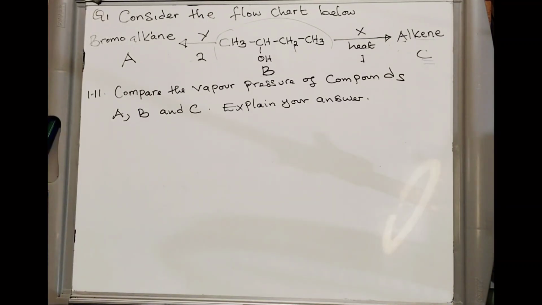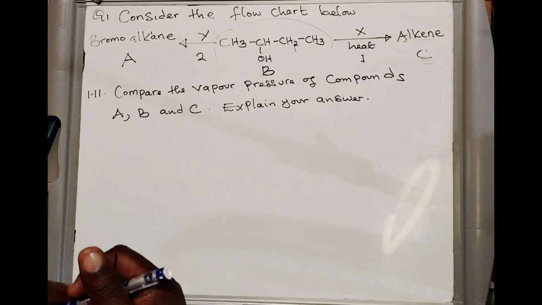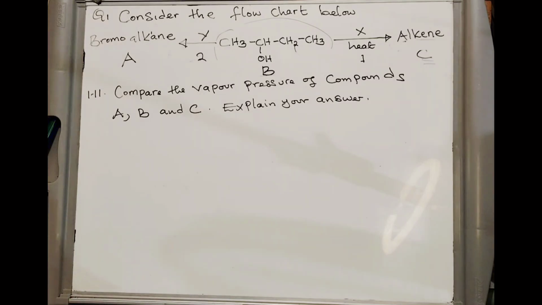Now comes this question. It says, compare the vapor pressure of compounds A, B, and C. Explain your answer. Now, to answer this question, we have to know that vapor pressure is dependent on intermolecular forces.